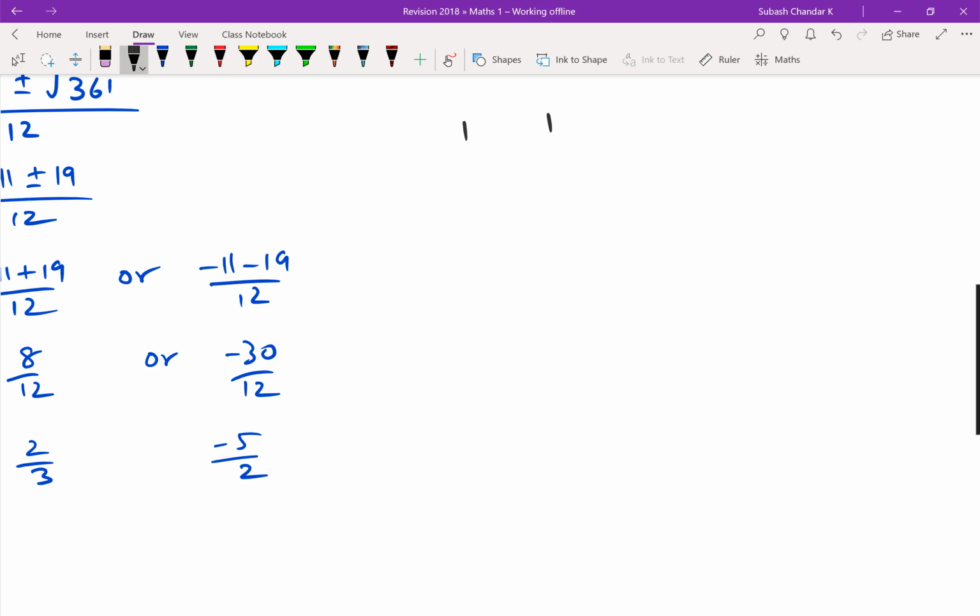So 1 squared is 1, 2 squared is 4, 3 squared is 9, 4 squared is 16. Again, I'm only looking at the last digit, not the whole number. 5 squared is 25, 6 squared is 36, 7 squared is 49, 8 squared is 64, 9 squared is 81, 10 squared ends with 0. So this is how I know how to find big square roots.